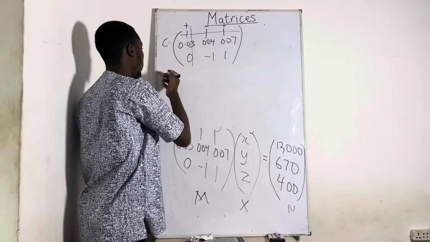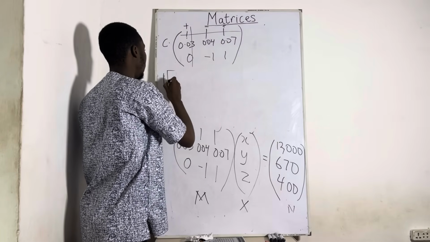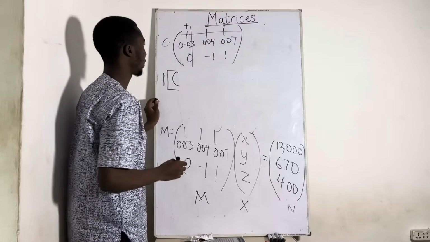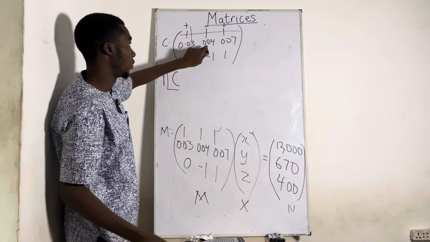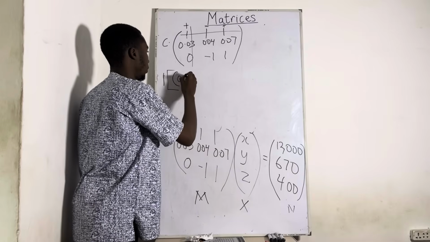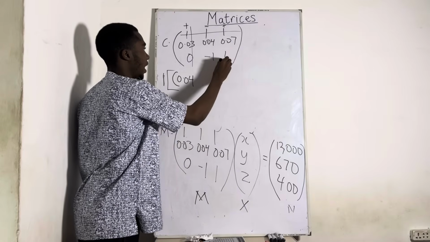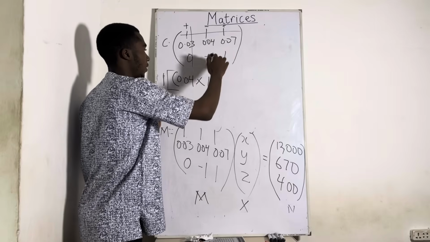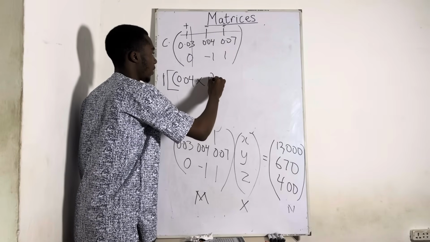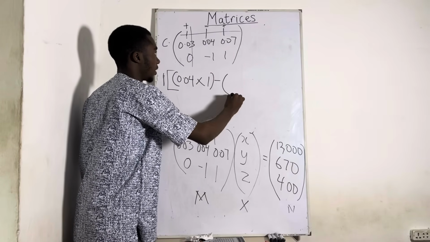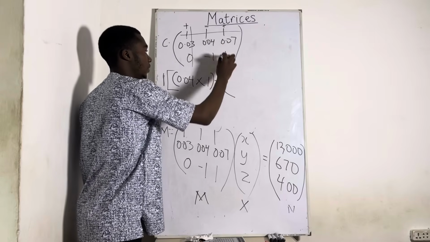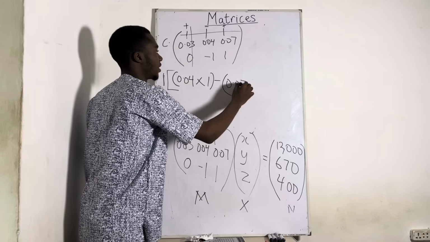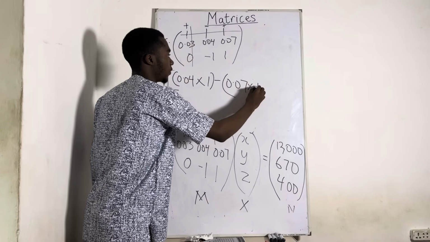So it's going to be our 1, and since it's positive 1, into brackets, so you bring a big bracket first. Then into brackets 0.04 times 1, so this times 1, then close the brackets, minus into brackets 0.07 times this -1.